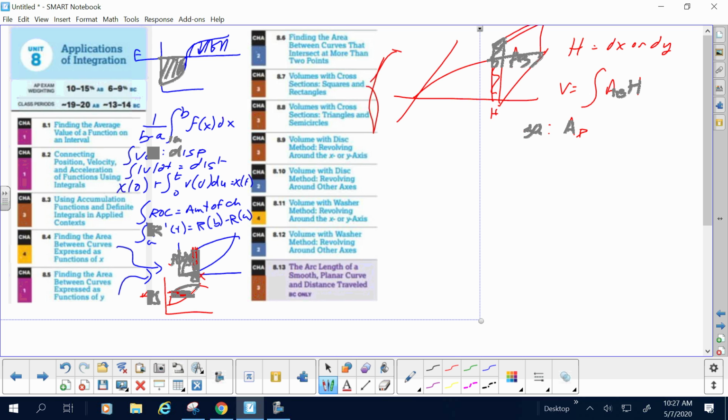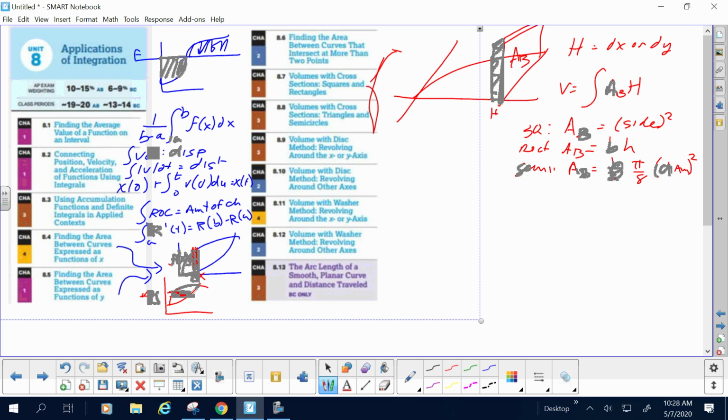For squares, area of the base is side squared. For rectangles, area of the base is base times height, and that could be a couple of different variations. They could say the height is twice the x value, or whatever. It could be a lot of different things. Semicircles: the best way to go, instead of 1/2 pi r squared, is to think pi over 8 diameter squared.